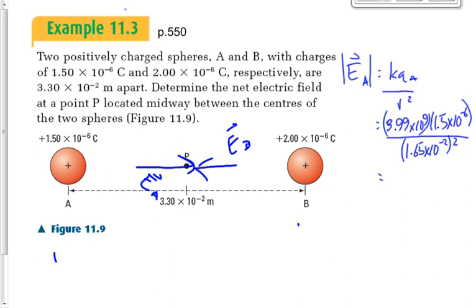What do we get there for EA? Anybody have that? 4.9532 times 10 to the 7, and the units would be newtons per meter, right? Sorry, no, not newtons per meter. Newtons per coulomb. Thank you.